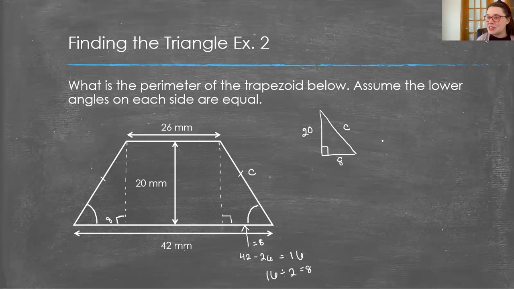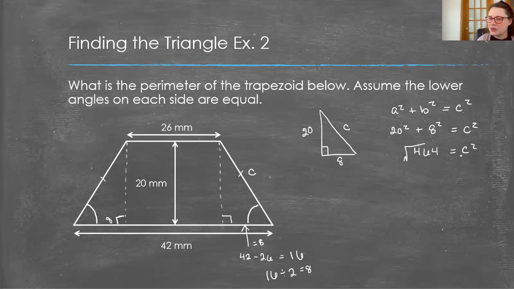We want to find out, well, what's C? A squared plus B squared equals C squared. A squared, we'll say 20 squared plus 8 squared equals C squared. Putting those two into your calculator, and let me turn to the page that has the notes all solved, you will get 464 equals C squared.